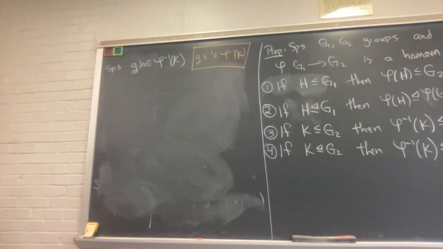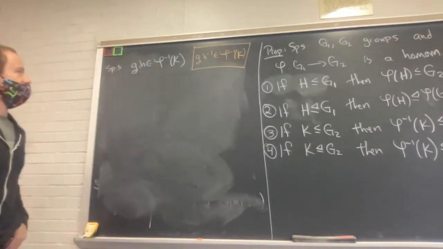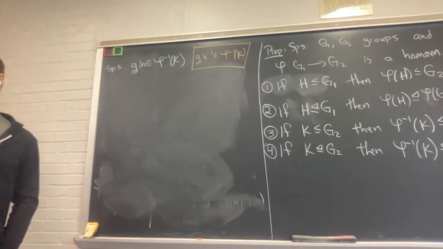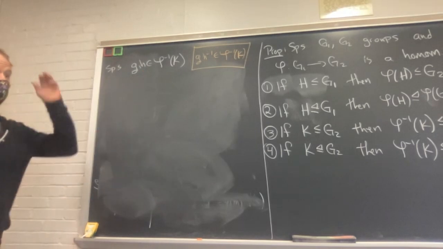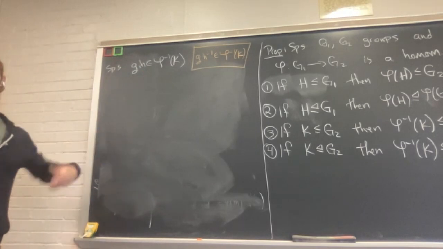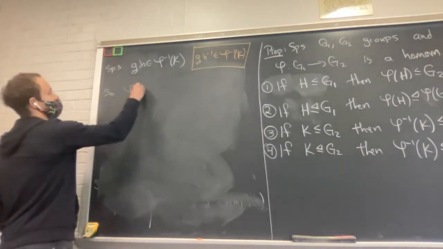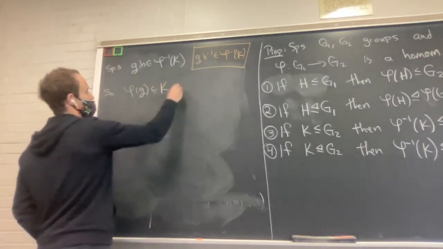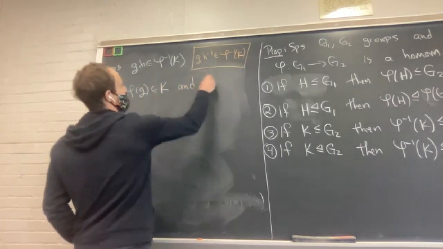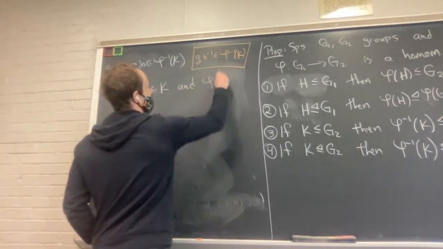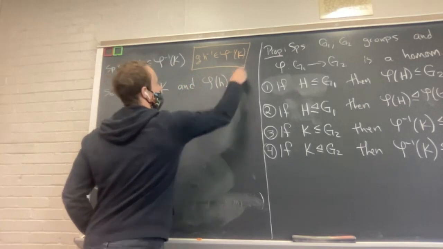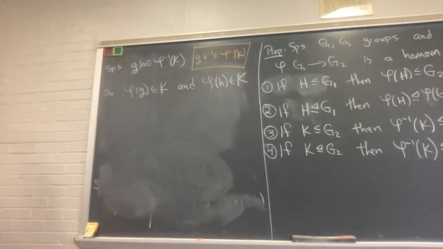So let's do it. What does it mean to be in the inverse image of K? Well, that means that if you apply phi, you land in K. So phi of g is in K and phi of h is in K, right?